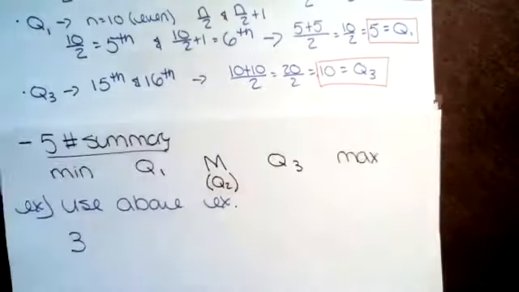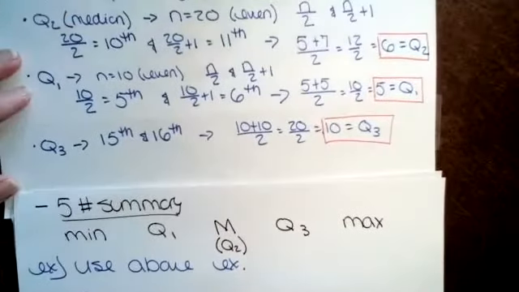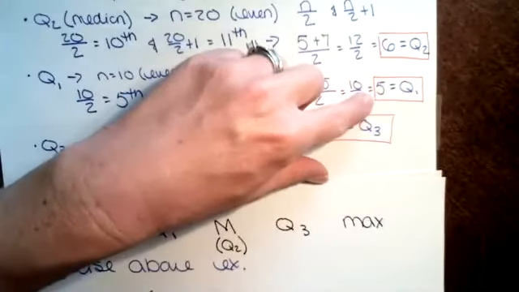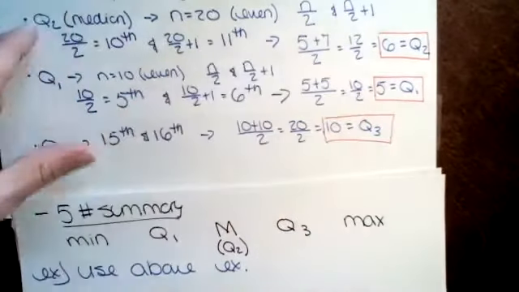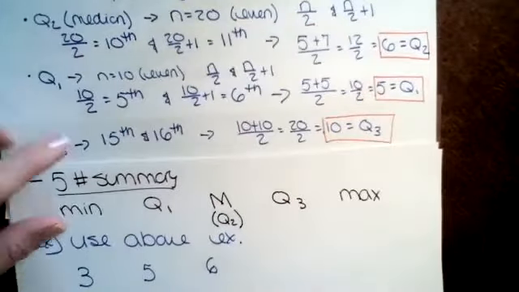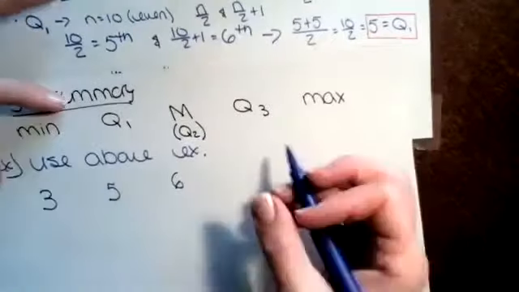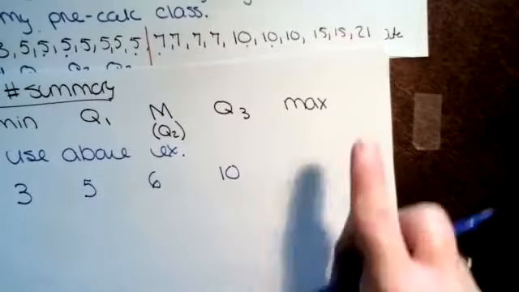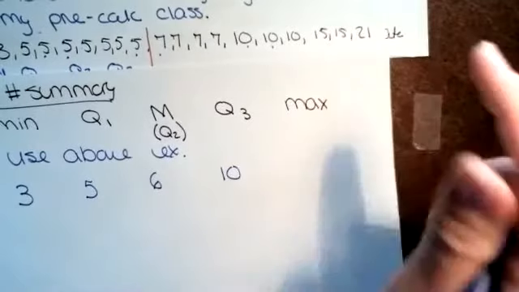Now remember, they're out of order, right? I did quartile 2 first. So quartile 1 is 5. My median or quartile 2 is 6. And my quartile 3 is 10. Then I look back at my data set, and over here my largest data value is 21.